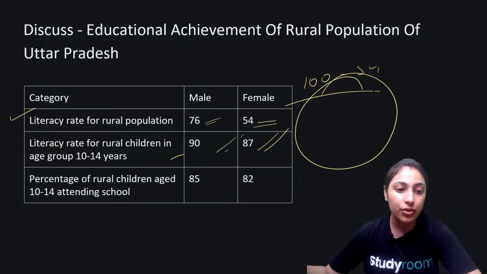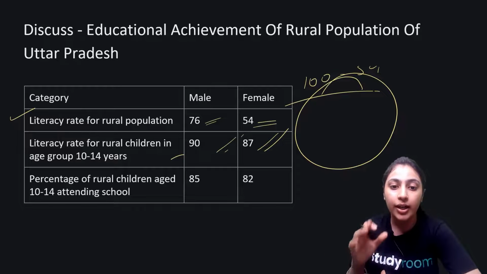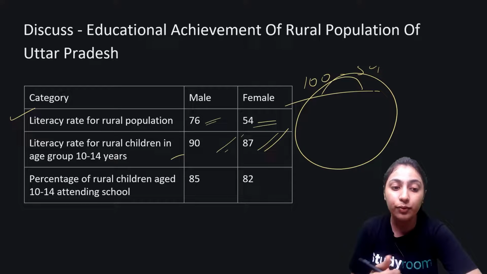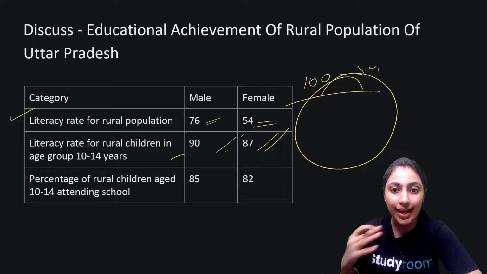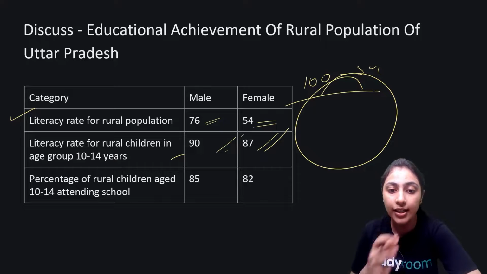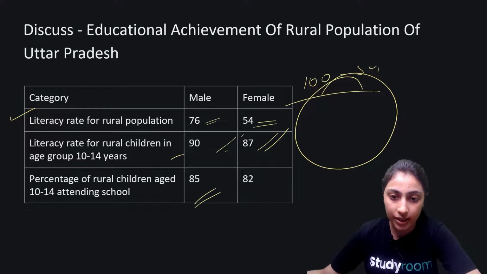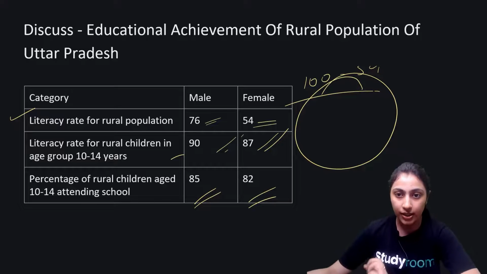That means of the children in the age group of 10 to 14, 90% of males are literate and 87% of females are literate. Now they are asking the percentage of rural children aged 10 to 14 attending school. 85% of males are attending school and 82% of females are attending school.